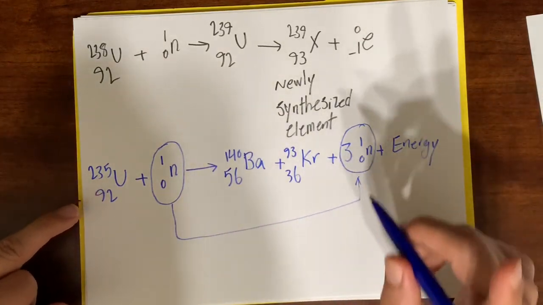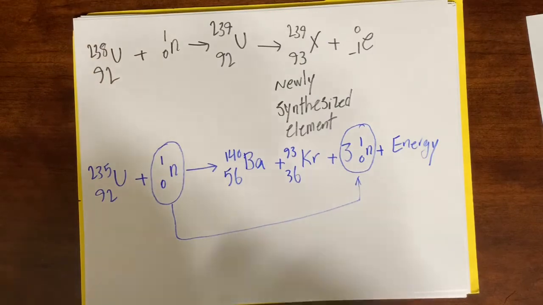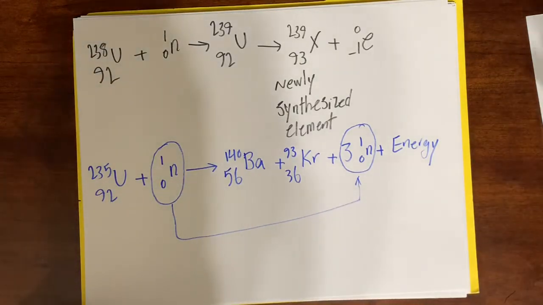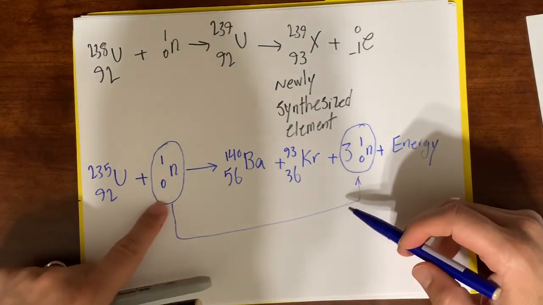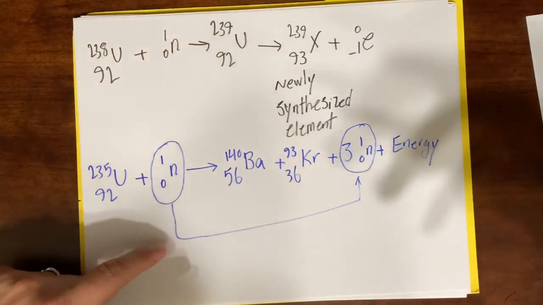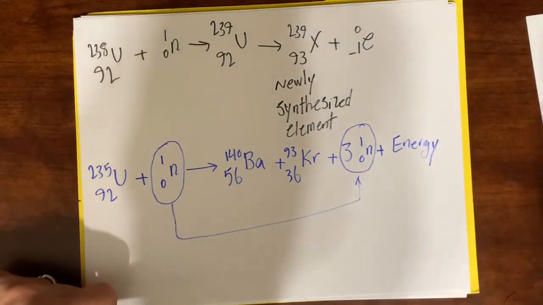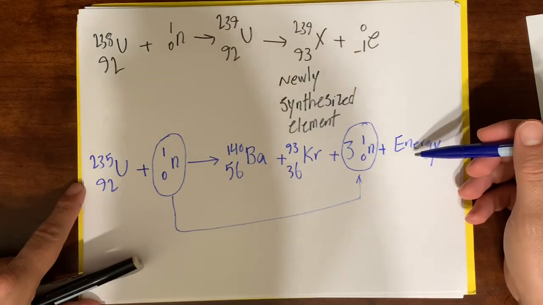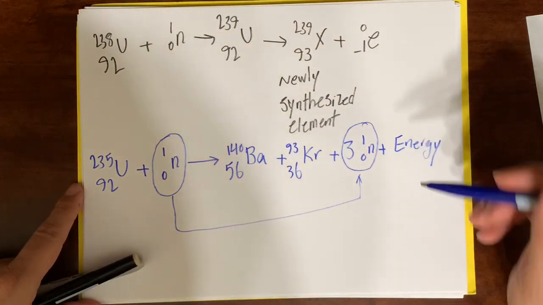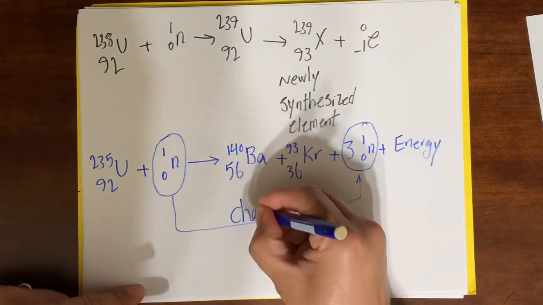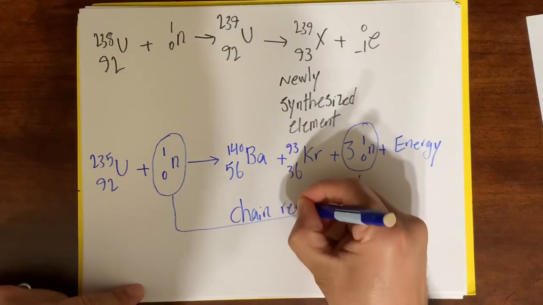So 1 neutron is enough to spread the reaction and make it 3 times faster. If I start with 2 neutrons, I'm going to get 6 neutrons. And now 6 neutrons will run 6 new nuclear reactions, and we get 6 times the energy. We call this one chain reaction.